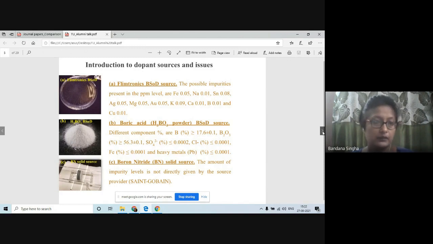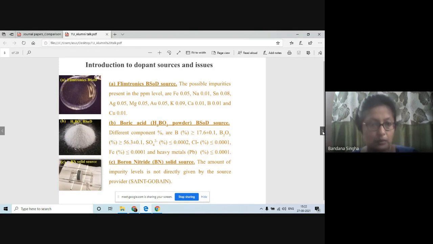The second dopant source is boric acid powder, and this boric acid powder is 99.99% pure, but it also has some different impurities in it according to the vendor.